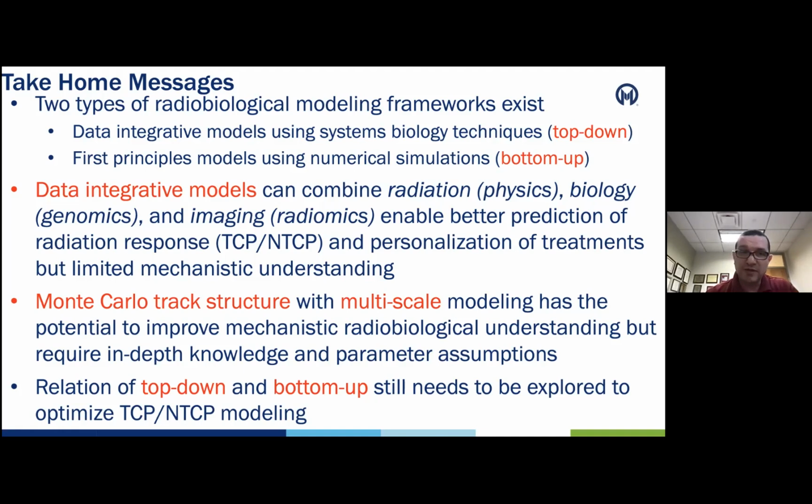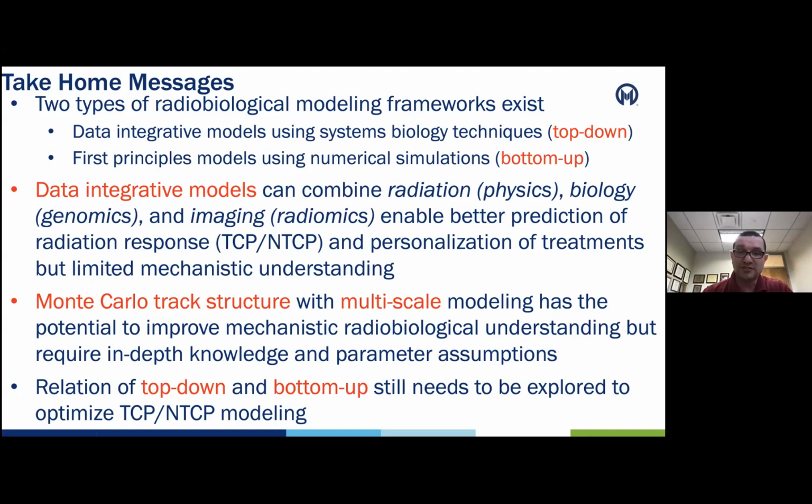However, these types of approaches have limited mechanistic understanding, although there are advances using more explainable or interpretable approaches, such as the Bayesian network as one example, or looking at deep learning and trying to understand how these algorithms actually function. On the flip side, there are the Monte Carlo track structure techniques, the bottom-up approach, which can have direct implications for mechanistic understanding of radiobiological mechanisms.